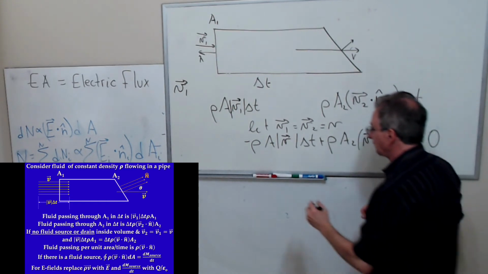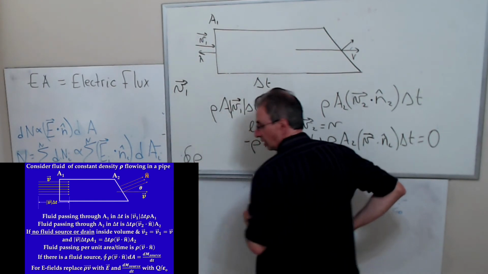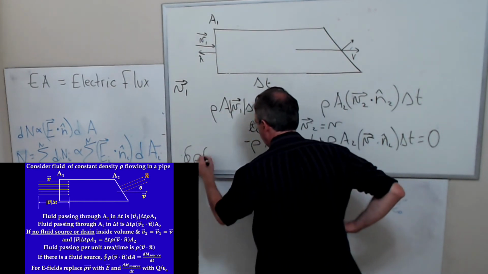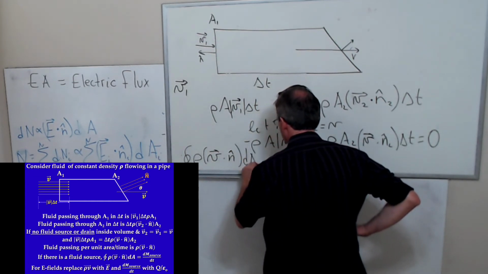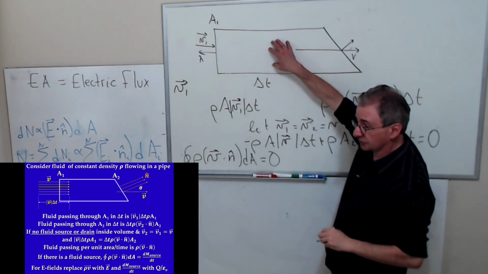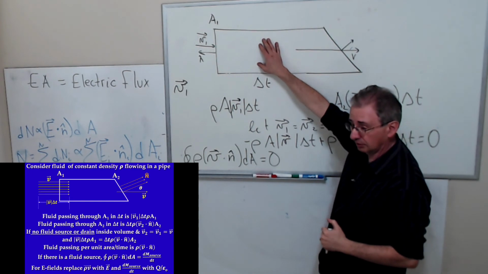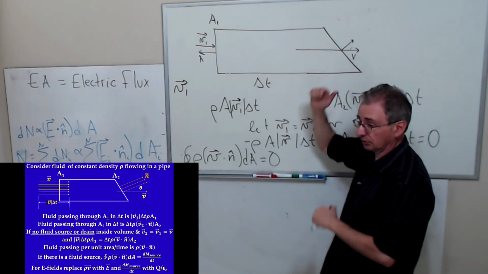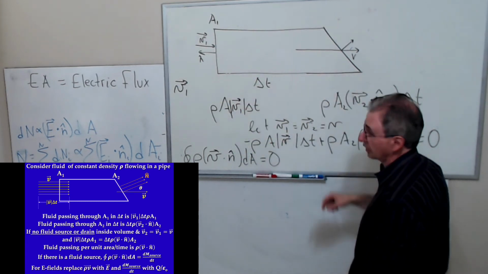So what I've done is I've calculated the integral of the density times v dot n dA. And I said that this is 0 because there's no source, there's no water faucet inside the pipe. So whatever goes in has to be equal to whatever goes out. What goes in is considered negative, what goes out is considered positive.